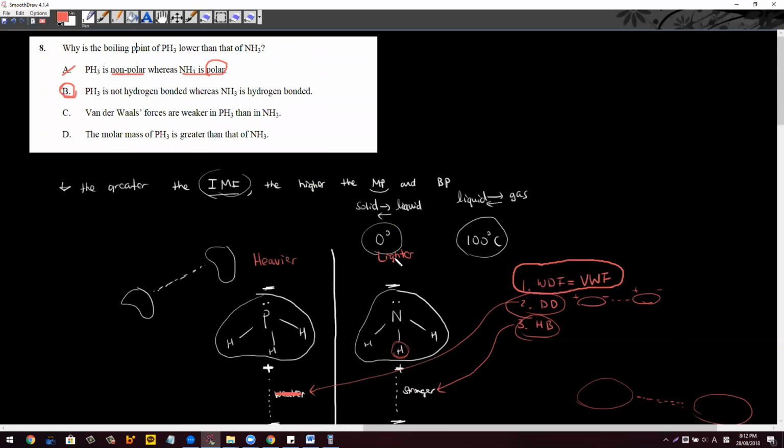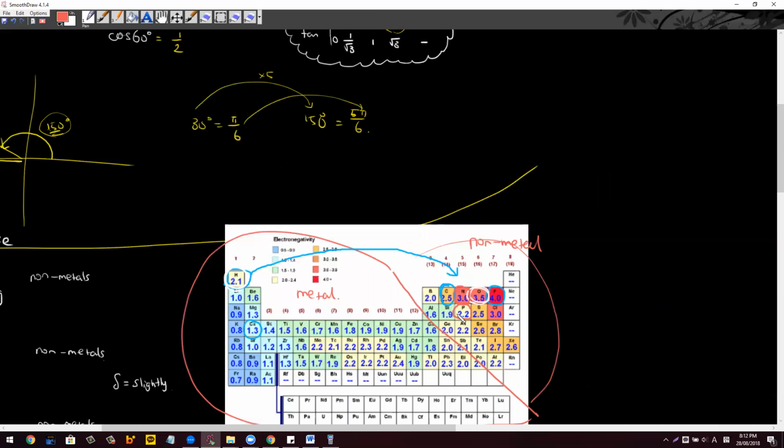No, nitrogen isn't heavier. Nitrogen is actually above the phosphorus. Phosphorus is down here. So as you go down this periodic table, you're increasing mass, increasing the number of protons and neutrons and things like that. So this is definitely heavier than this one.